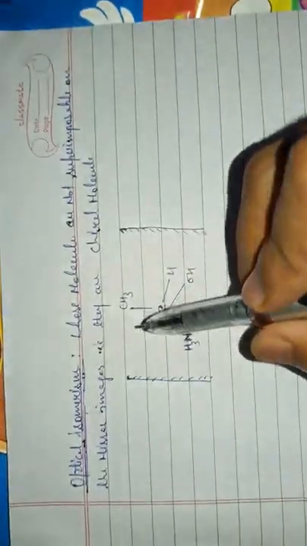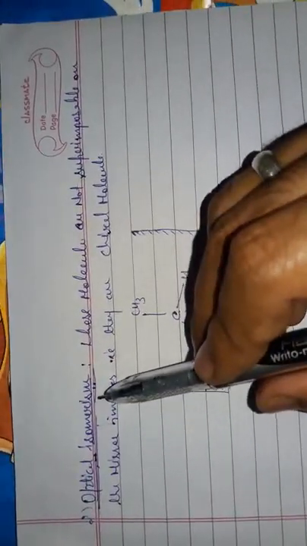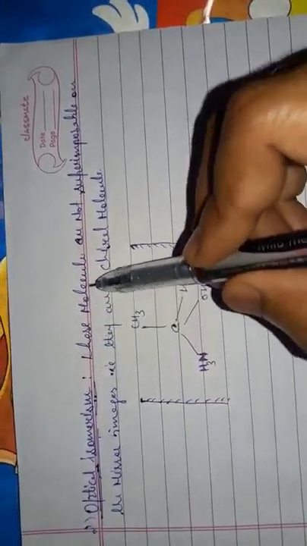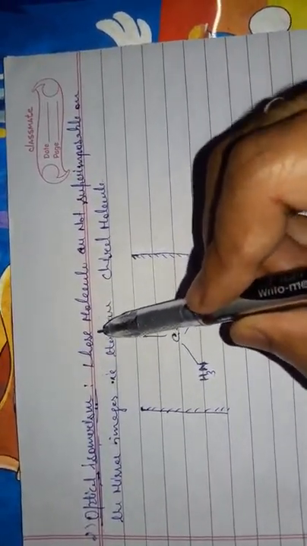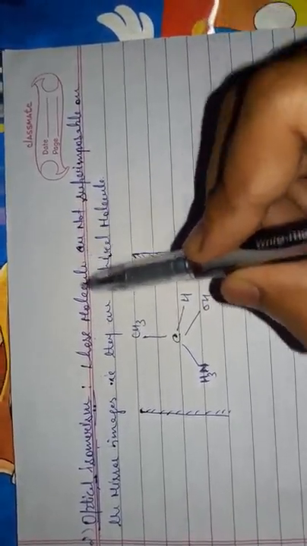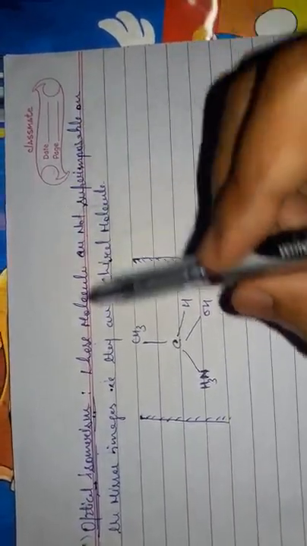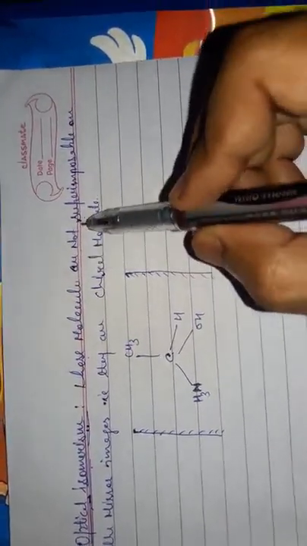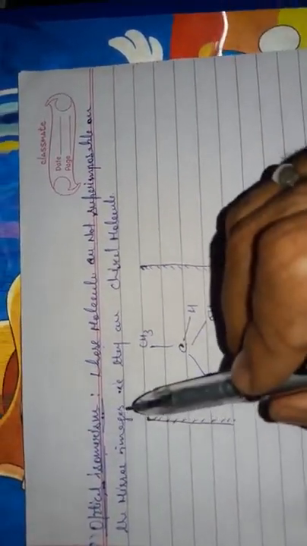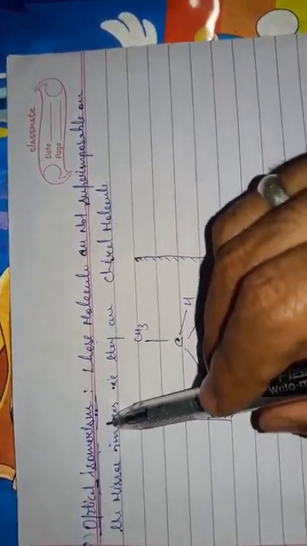That is the second classification of stereoisomerism, optical isomerism. Under optical isomerism, those compounds whose molecules are not superimposable on their mirror image are chiral molecules, and they show optical isomerism.